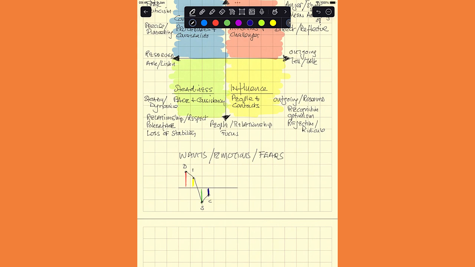The D is very results focused and the I is very people relationship focused. So you have a very outgoing, tell talk person who is bottom line, results task focused, but wants to interact with people. But then you see the S is way down there.